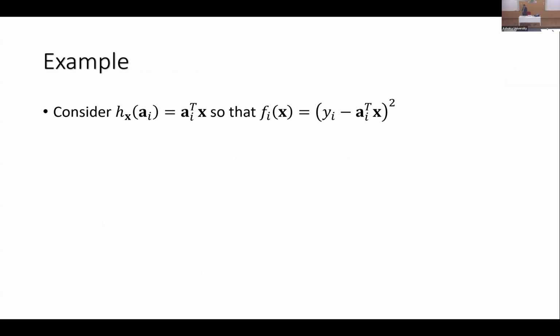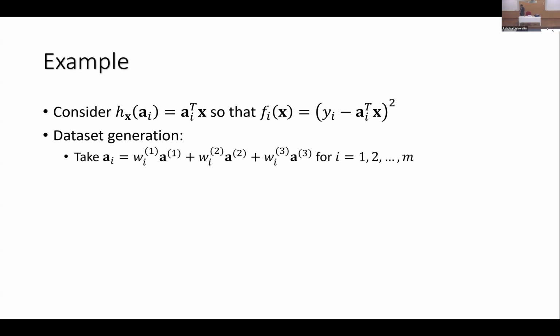Okay. If we remember our least squares setting and revisit that example, let's say that a_i transpose x is our linear predictor, and we are matching it with the actual given labels using squared loss. So let me consider one data set, a very interesting, fun, synthetic one, but very useful to demonstrate this idea.